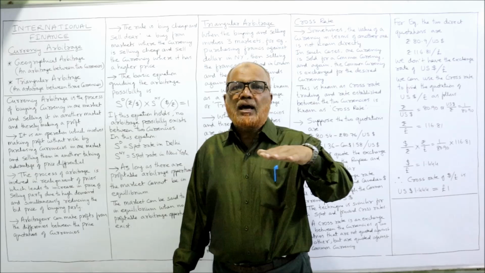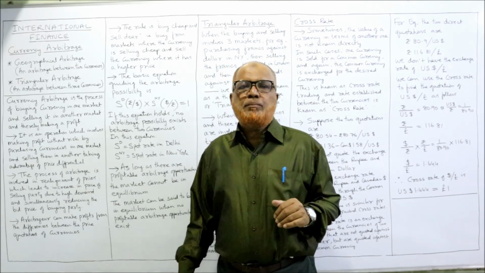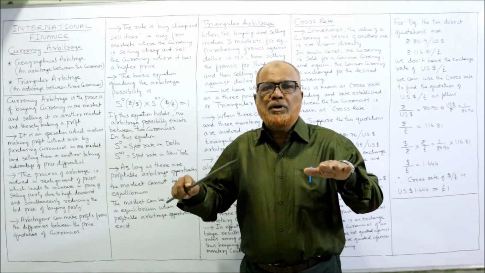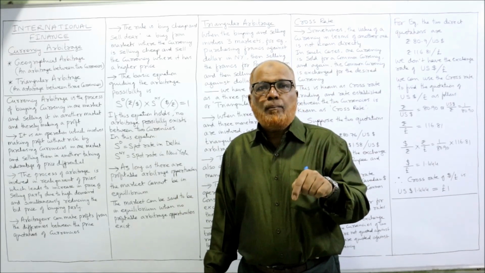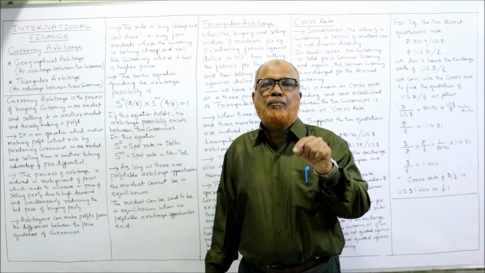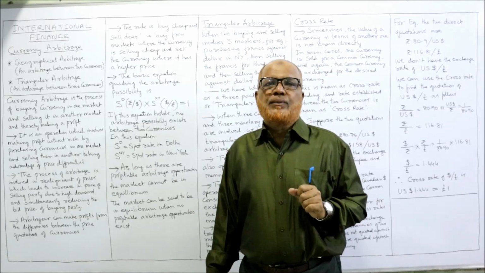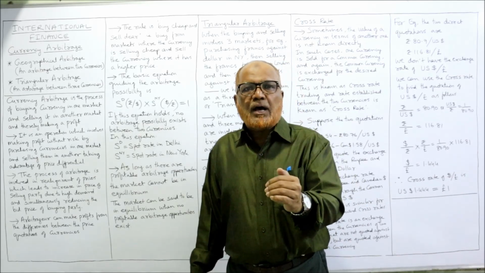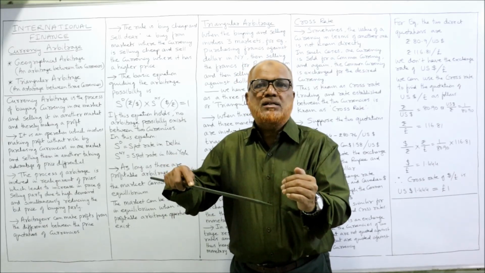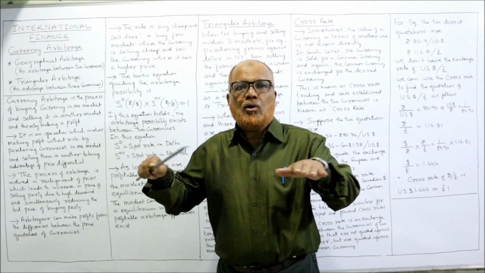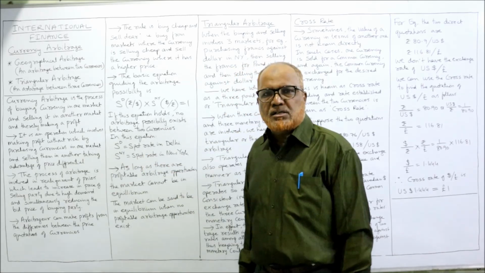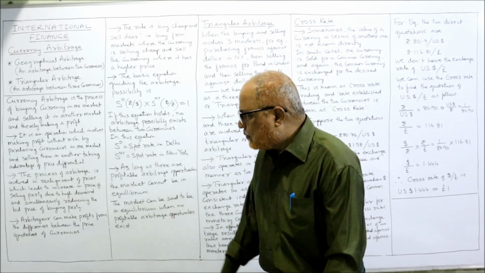There will be a realignment of prices. That means the prices are going to become more and more stable. If there is no arbitrage, there will be a lot of price differential. So to reduce the price differential, this arbitrage activity will be conducted, due to which there will be alignment or stability of prices in the different markets.